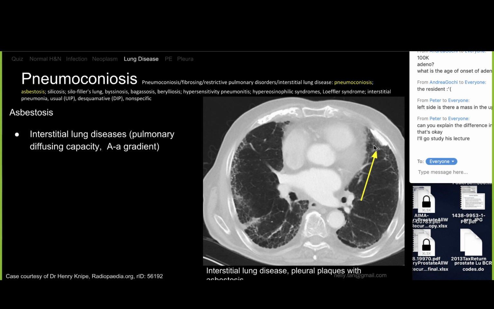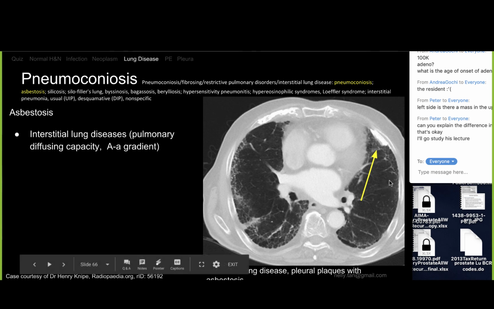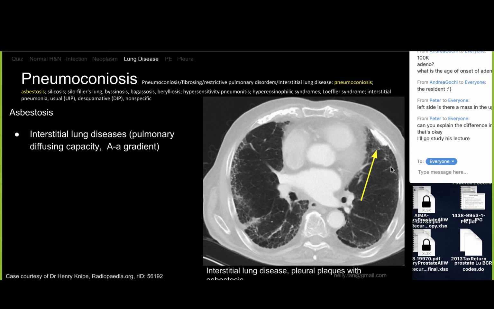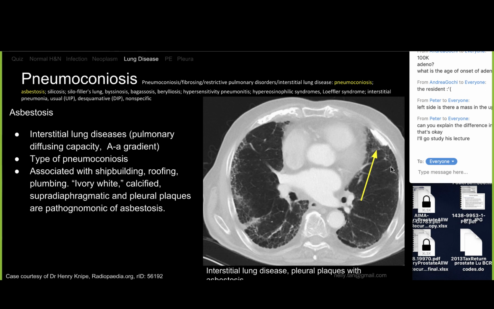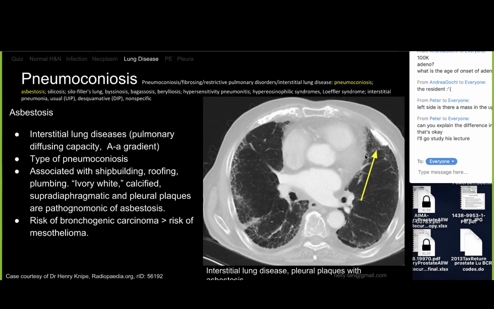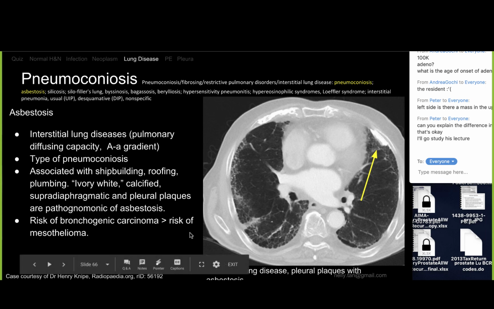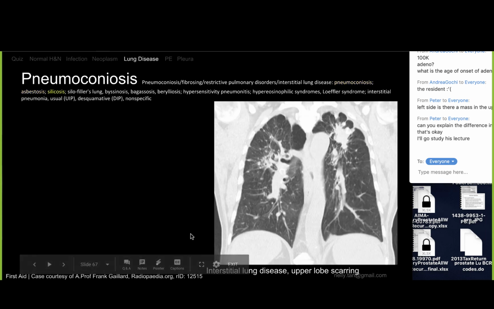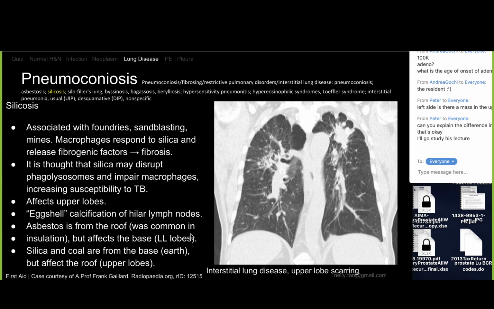It's a type of interstitial lung disease, so the interstitium is stiffened, and these are people who build ships, do roofing, plumbing. They get these calcified plaques that are pathognomonic, and there's increased risk of bronchogenic cancer and mesothelioma.